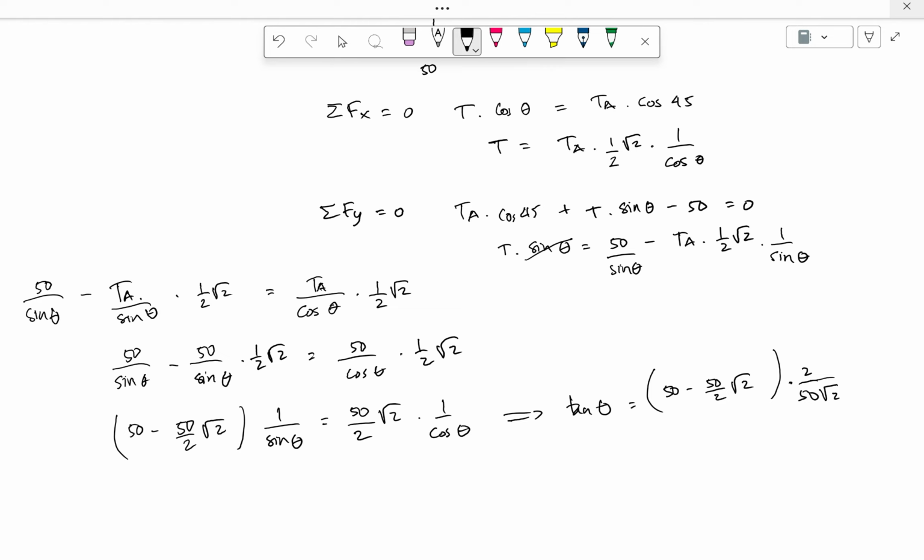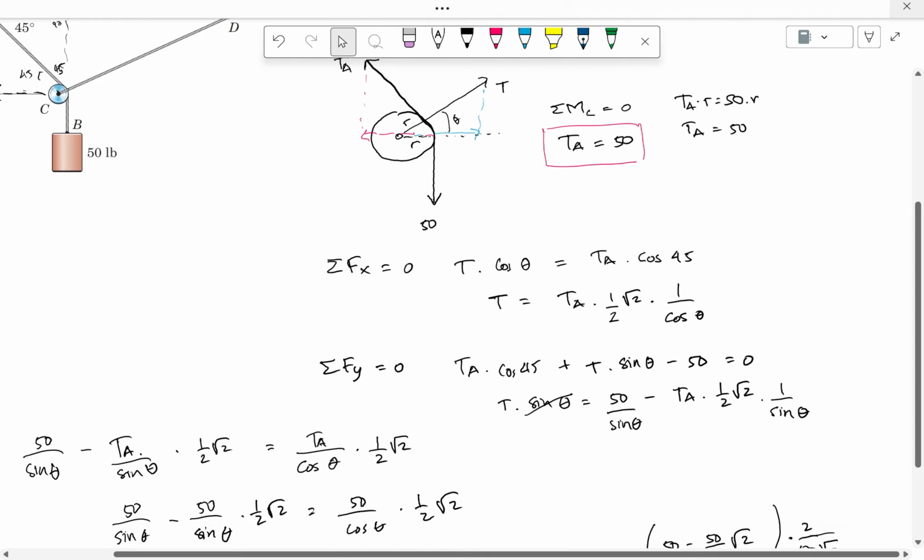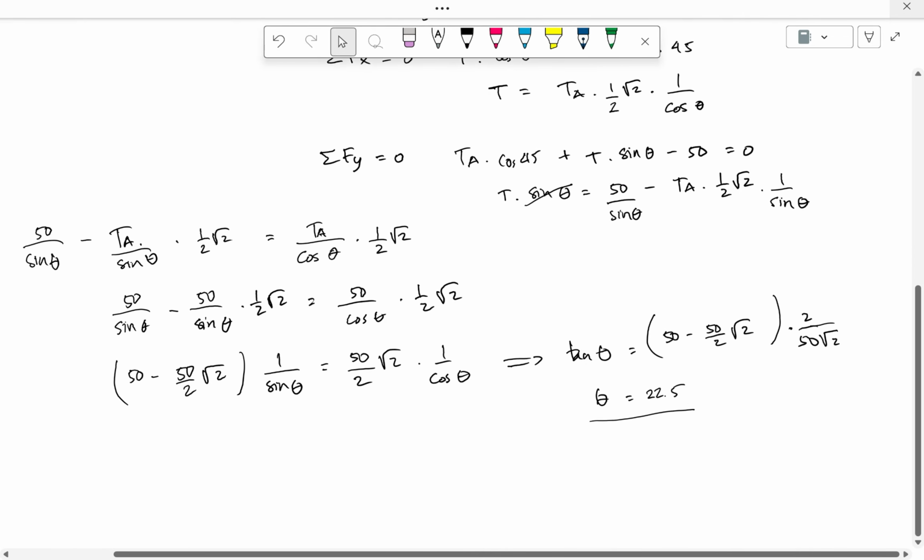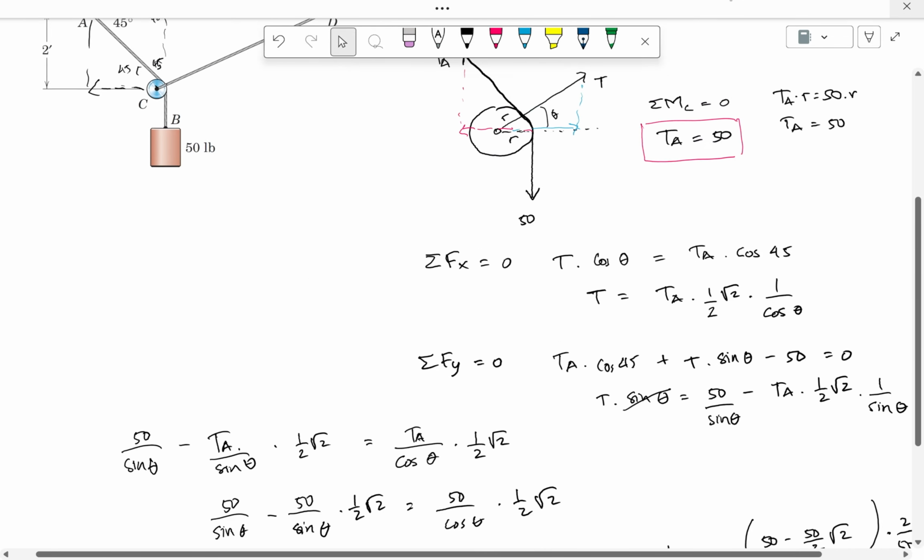Okay, so then you can calculate the theta. Let me calculate first. So your theta should be equal to 22.5 degrees.